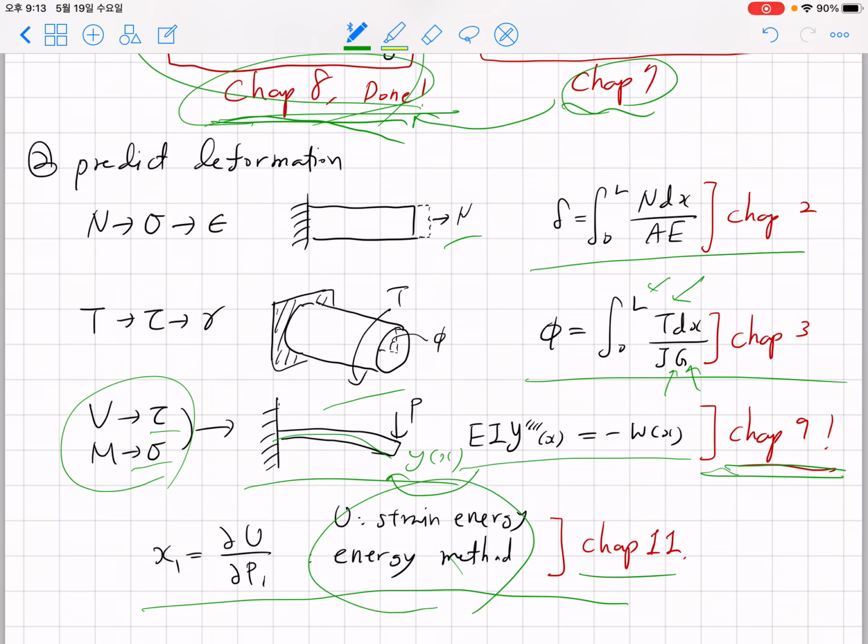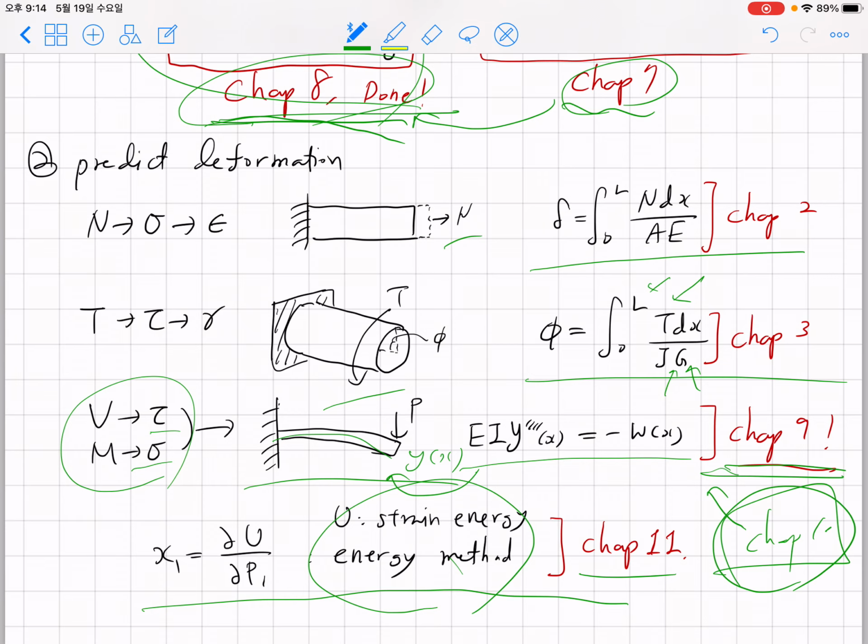Okay, so this will be the topic of the entire course, and actually there is chapter 10, which considers buckling, but buckling will be handled in Solid Mechanics 2, in the other semester, in the advanced undergraduate solid mechanics course, where we'll learn how to handle the buckling problem.